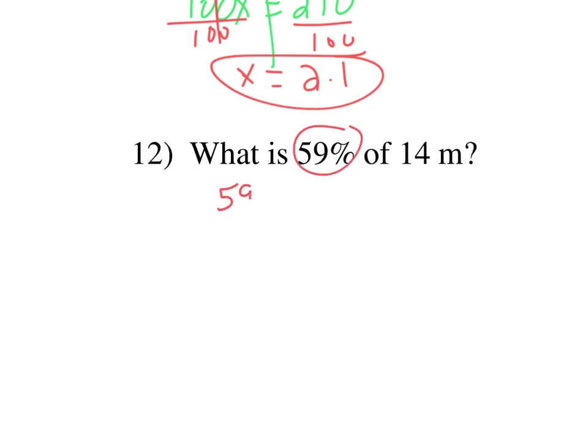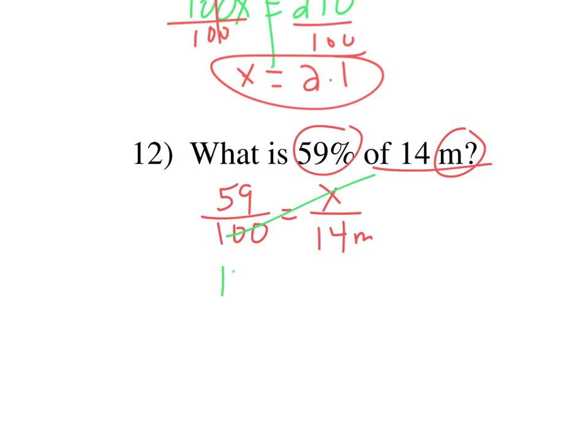Percent. 59 over 100 of 14. Of goes on the bottom. X, M. We're going to use M as our unit. Okay. 100x equals 59 times 14, which is 826.